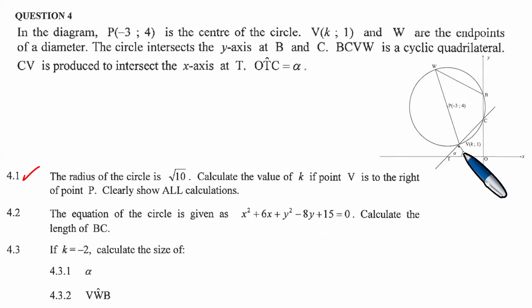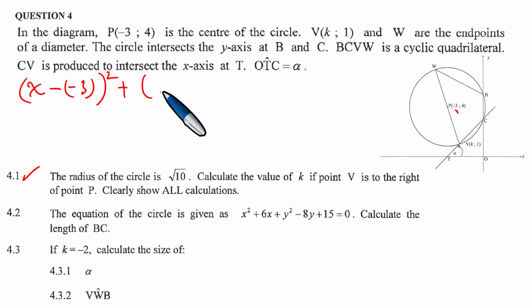So we have the equation of the circle. What is the equation of this circle here? The equation of the circle is x minus... this gives us the coordinates of the center. So it's x minus, open bracket, minus 3, and you square this, plus y minus 4, and you square this.